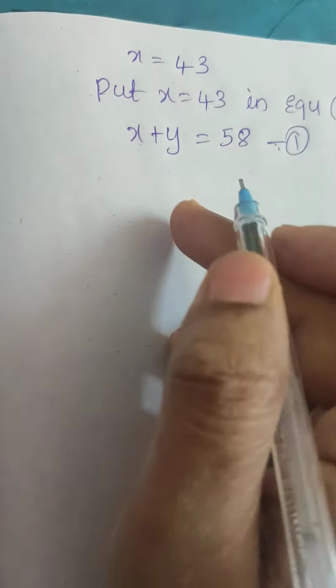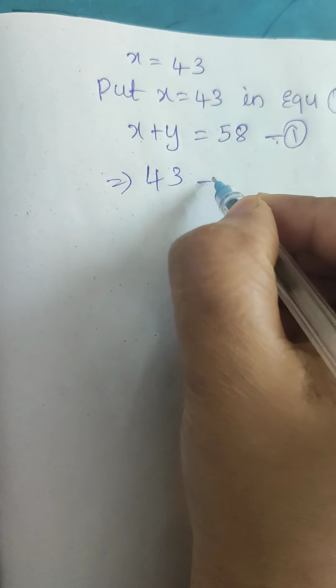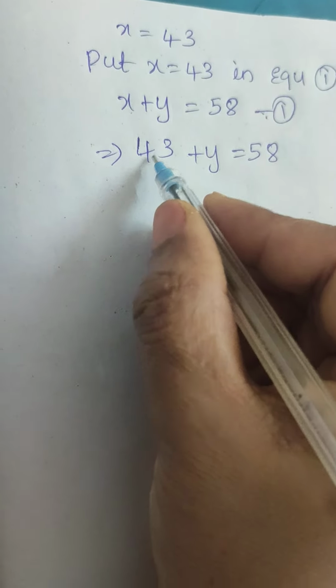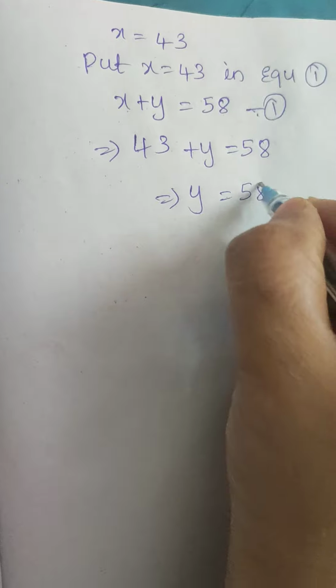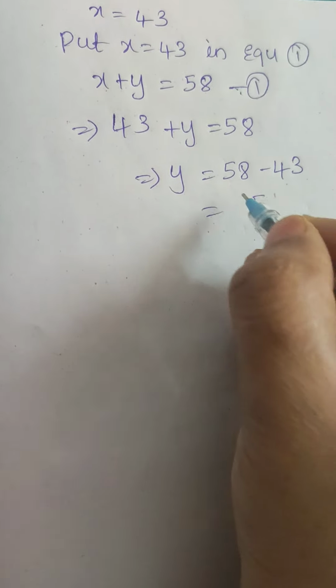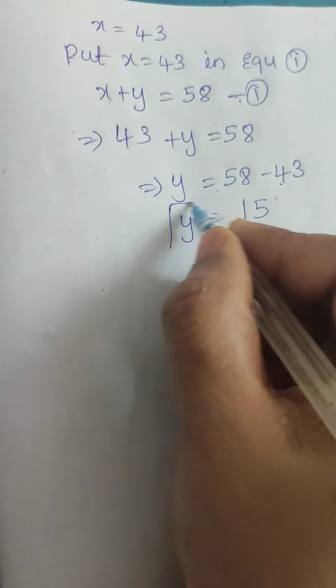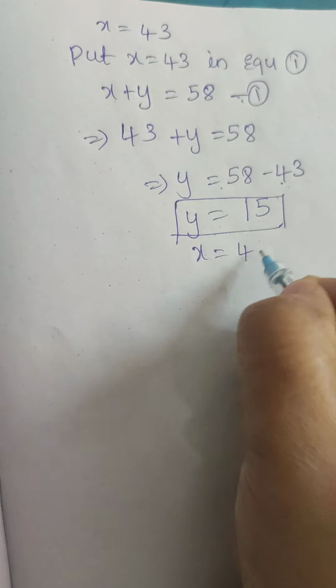Now 43 plus y is equal to 58. Now I move 43 to the RHS, it becomes minus 43. 58 minus 43, 8 minus 3 is 5, 5 minus 4 is 1. y is equal to 15, x is equal to 43.